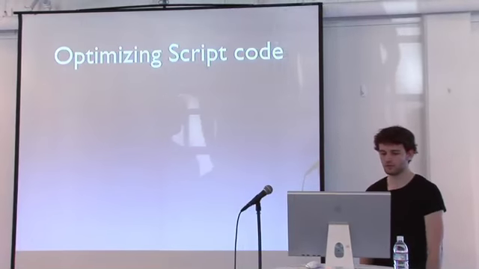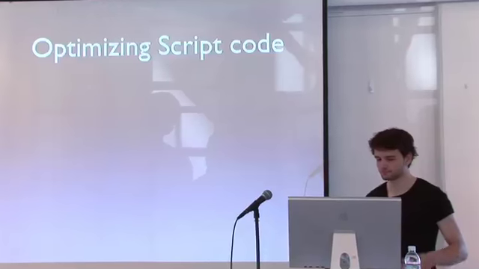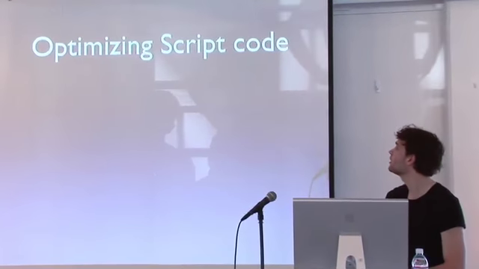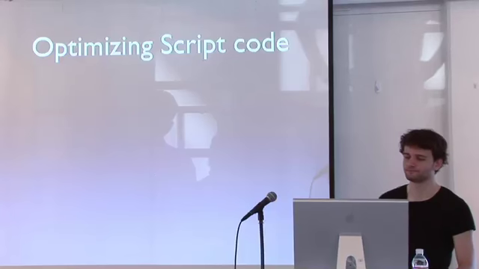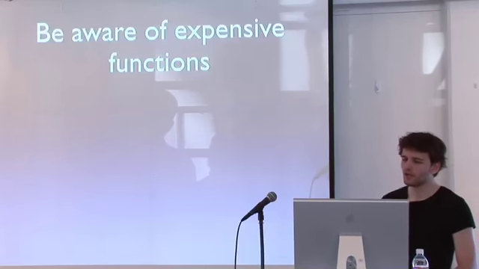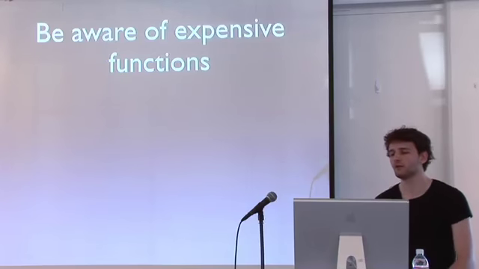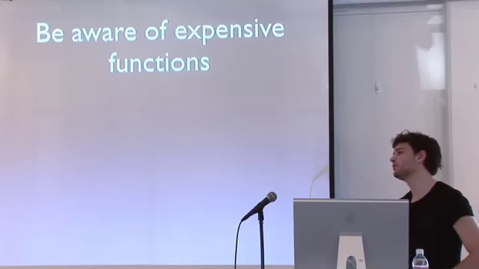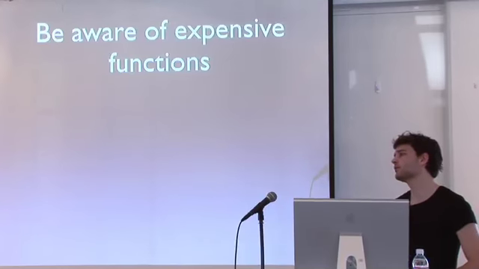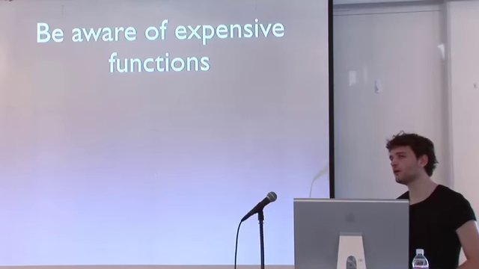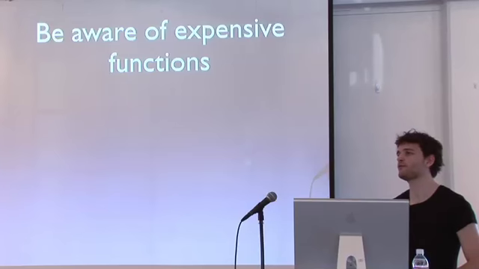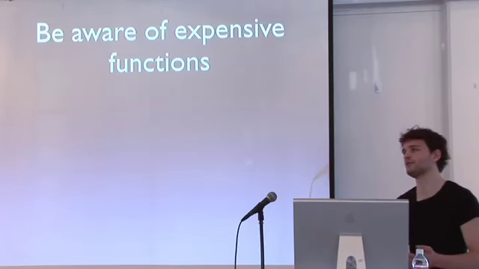This brings us to the second part of the presentation, which is optimizing script code. The first thing when optimizing script code is you have to be aware what functions are slow and which ones are fast, which ones I should not be calling every frame, and especially which ones I should not be calling every frame several times with the same arguments, because you could just store them and reuse them.